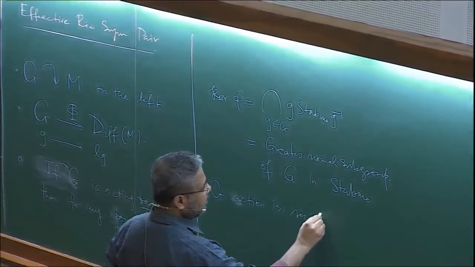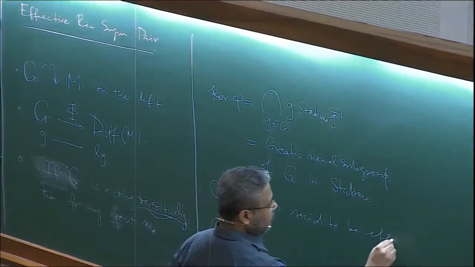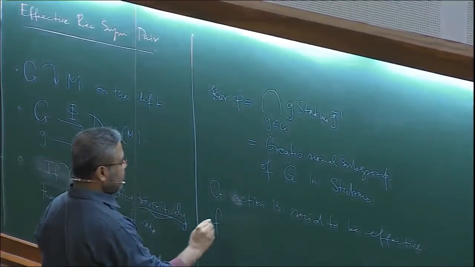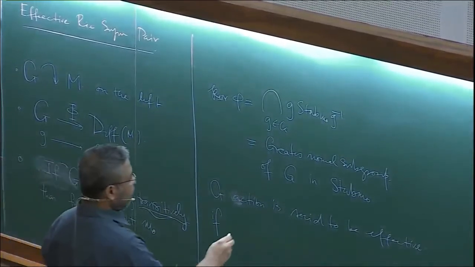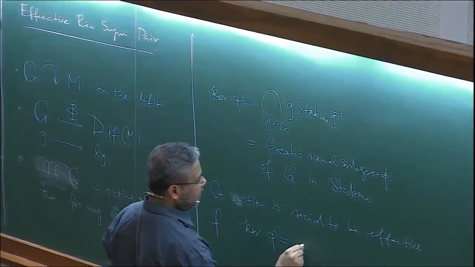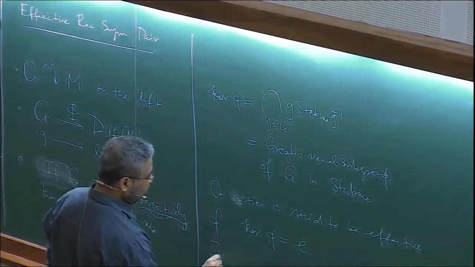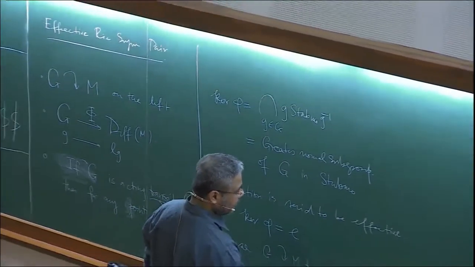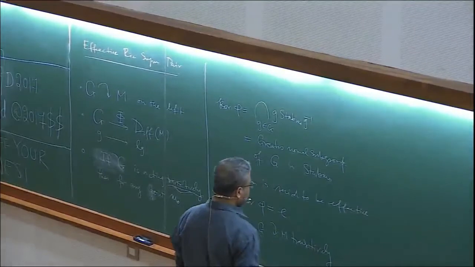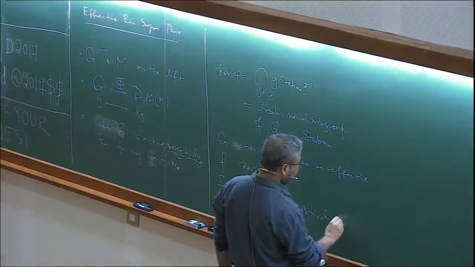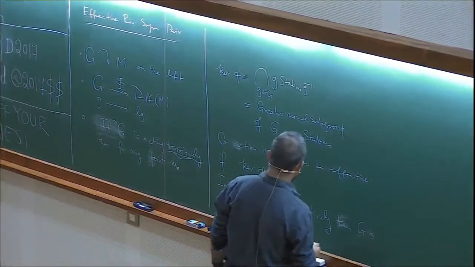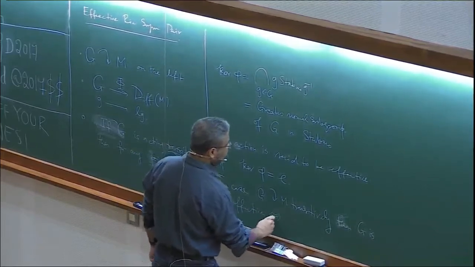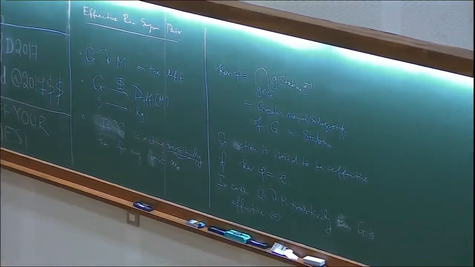So the G action is said to be effective if the kernel is identity, and in case G is acting transitively, G is effective if and only if the greatest normal subgroup of G sitting inside the stabilizer of M0 is identity.